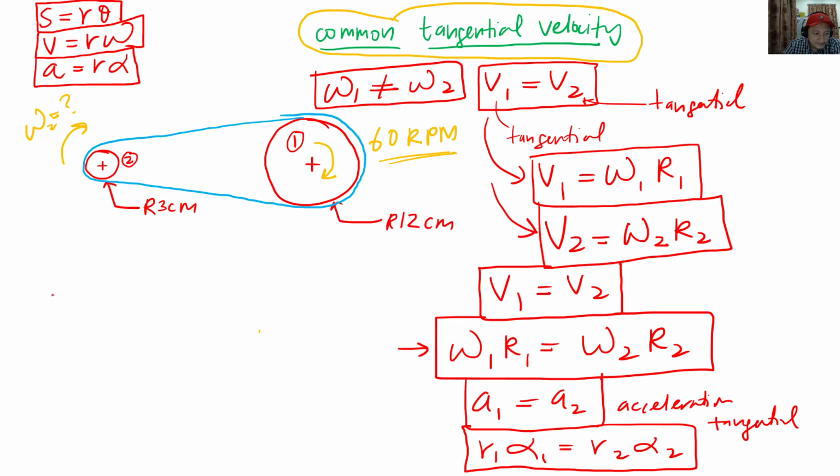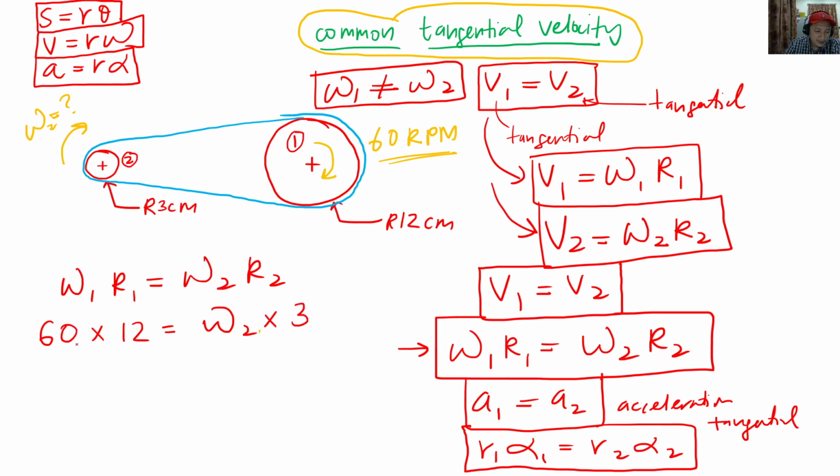You just have to use this equation. Omega 1 R1 equals omega 2 R2. Omega 1 is 60 RPM times radius 12 centimeter. Omega 2 we don't know. The rear radius is 3 centimeter.